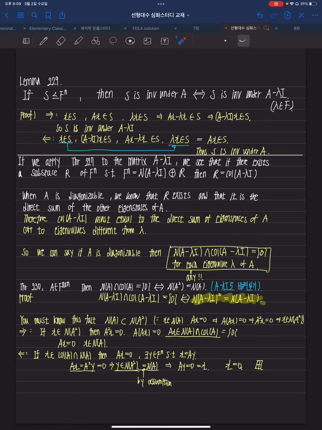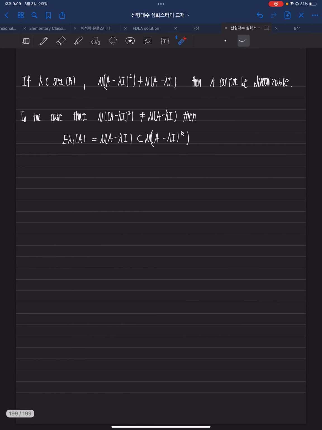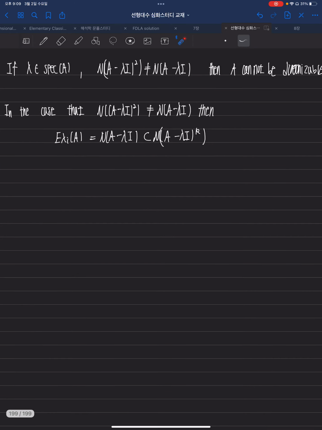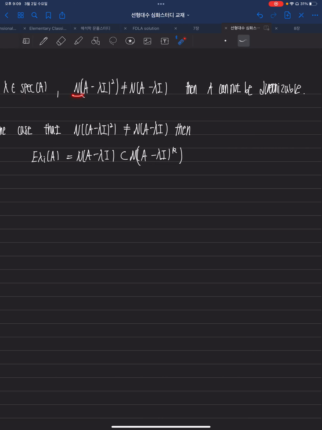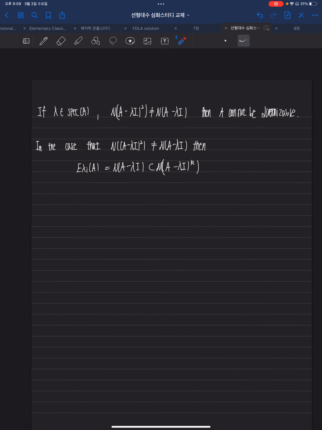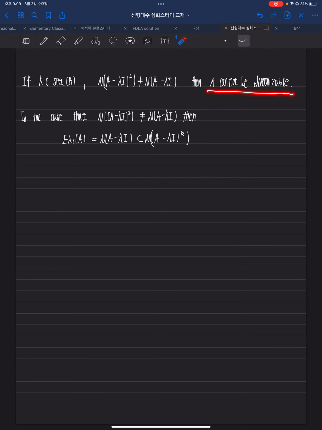So I can say, for some eigenvalue lambda of A, if the null space of (A minus lambda I) squared is not equal to the null space of A minus lambda I, then A cannot be diagonalizable.